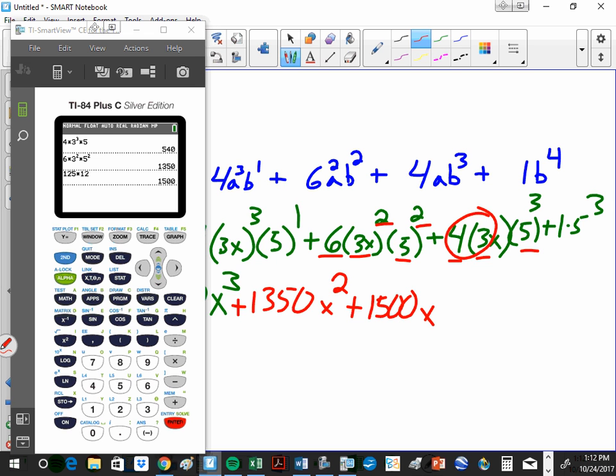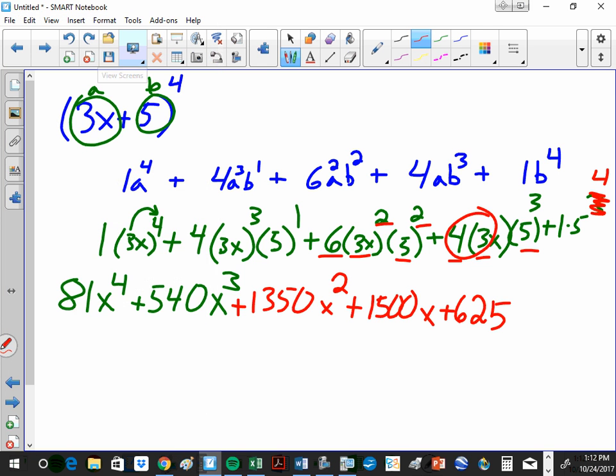Oh, I messed up. That should be a 4th. So 1 times 5 to the 4th is going to be 625. That is the product. We call this the binomial expansion. So this process I'm teaching you is the binomial theorem.